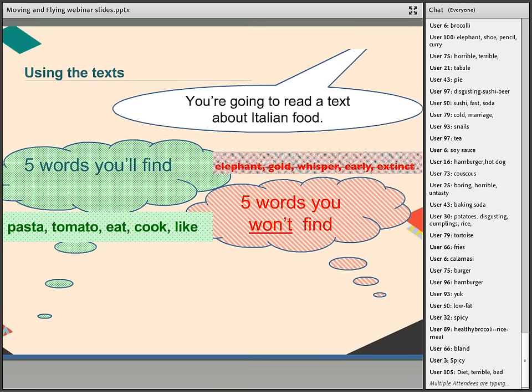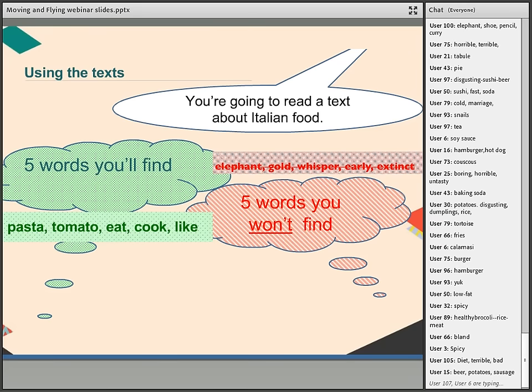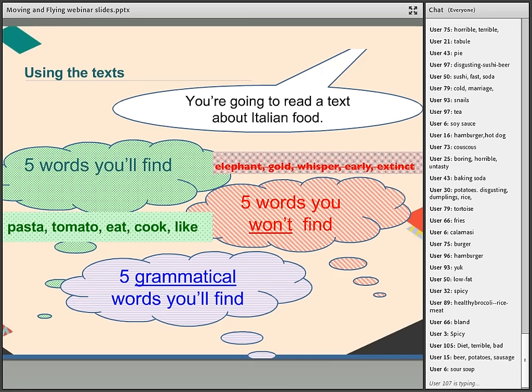And finally, before we read this text, 5 grammatical words you think you'll find in this text. So not lexical words, but grammatical words.